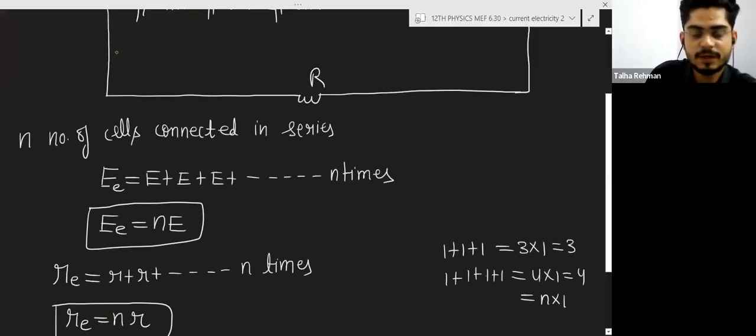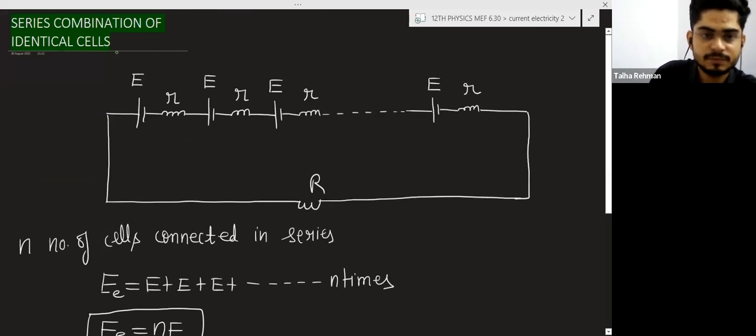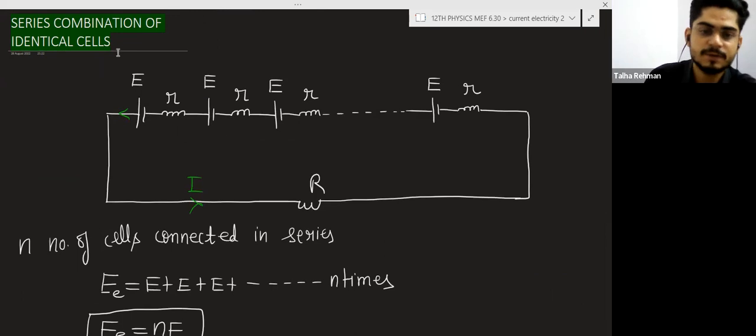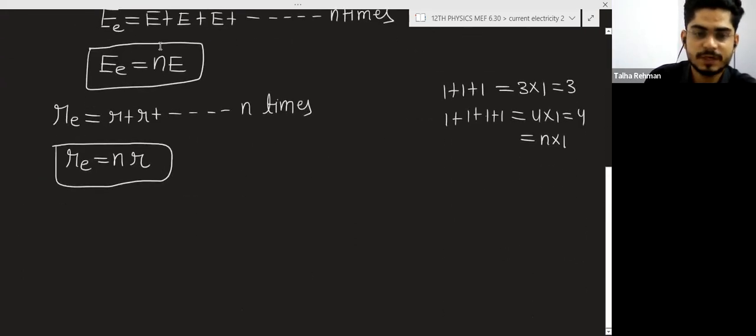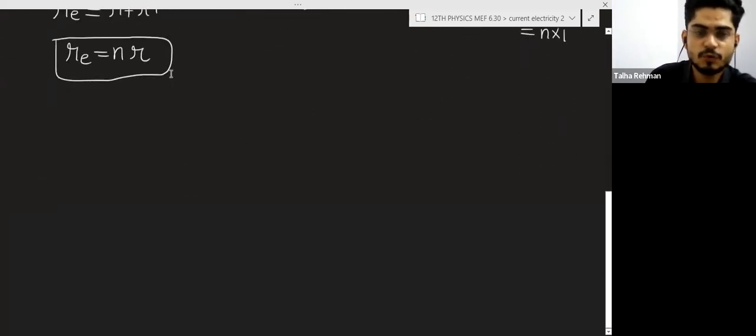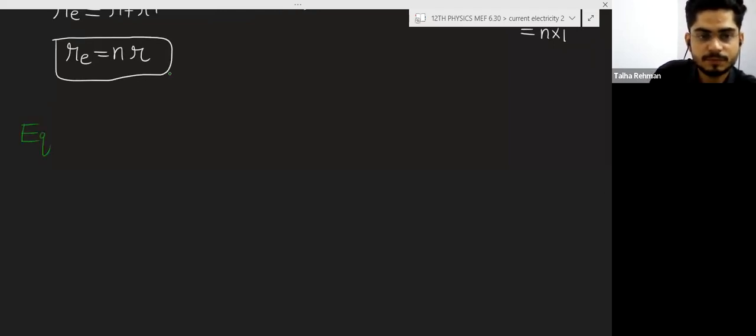And here current is flowing like this, so we can find the current now. To find the current, we have to make the equivalent circuit.